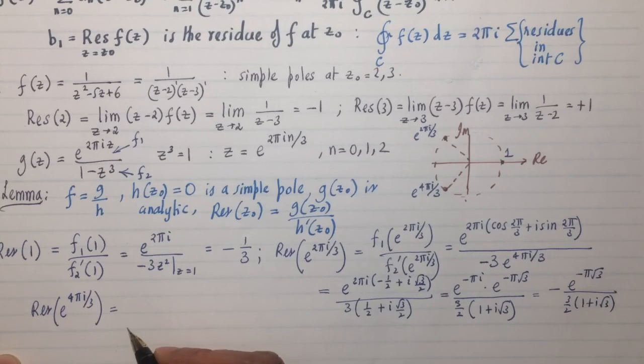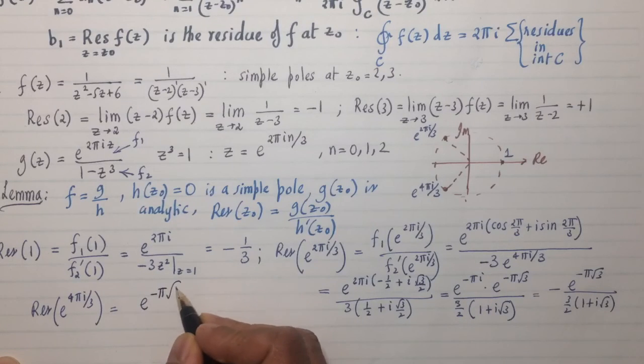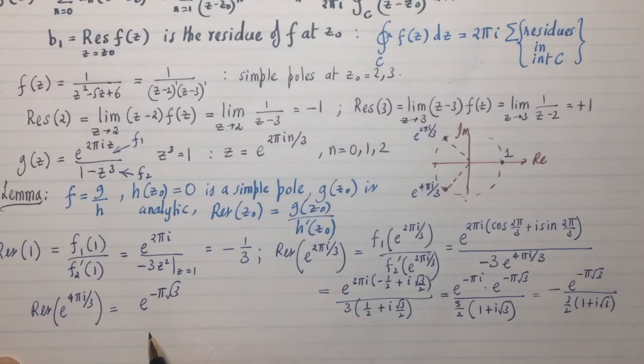A little bit more. If you have 4 pi i there instead of 2 pi i, you will still get the same formula. So I'll get e to the minus pi root 3 in the numerator, but the denominator, actually, this might not be that simple.